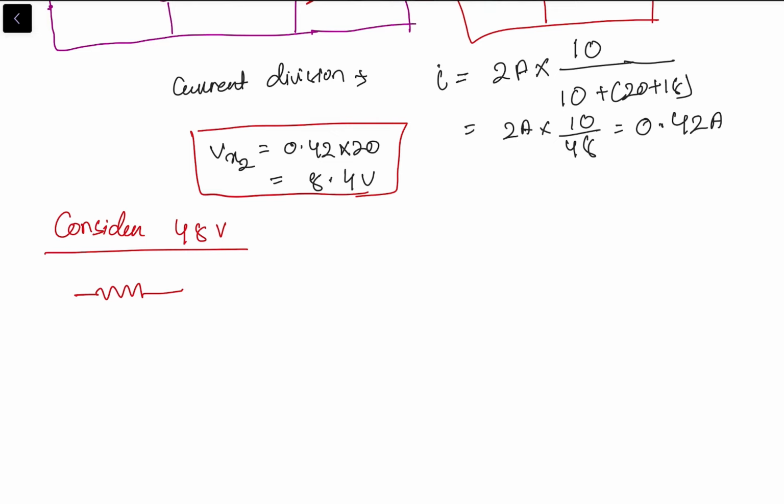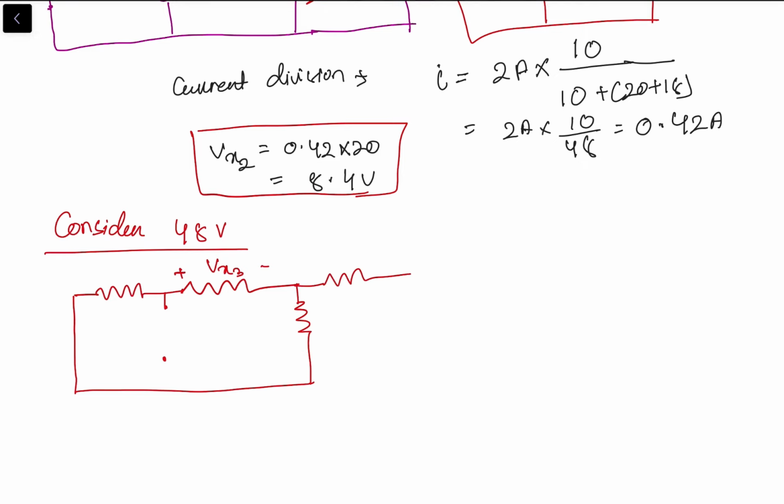So this is my 10 ohm, this will be my Vx3 I am calculating here, and here the current source is open circuited, this one is short circuited, and here 45 ohm is connected, 30 ohm is connected here, this value is given as 20, this value is 10. And in this circuit here the 48 volt voltage is there.